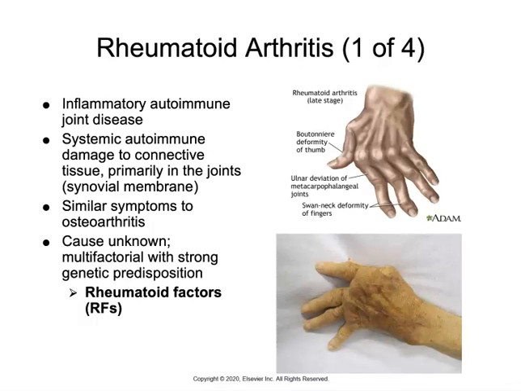We will have symptoms similar to osteoarthritis, but remember that the stiffness is going to last longer than 30 minutes. It's typically in the range of 30 minutes to 1 hour, and the cause is unknown, although we are seeing that there may be a multifactorial effect with a strong genetic predisposition.